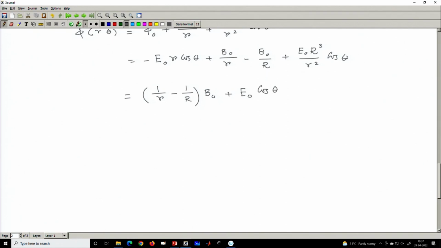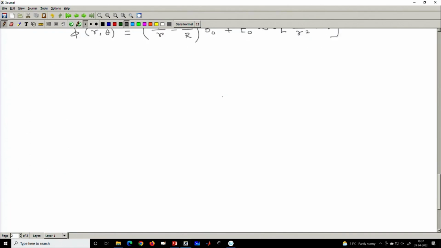If I take common, then I have R cube divided by R square minus R. So, that is my potential at any point R theta, but still B0 is there. I need to determine the B0.